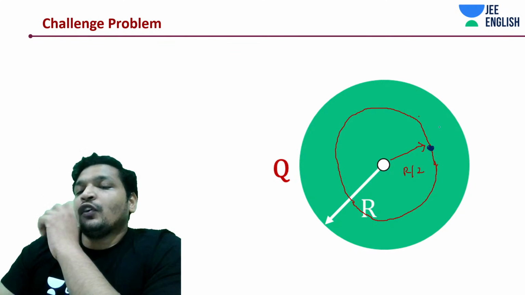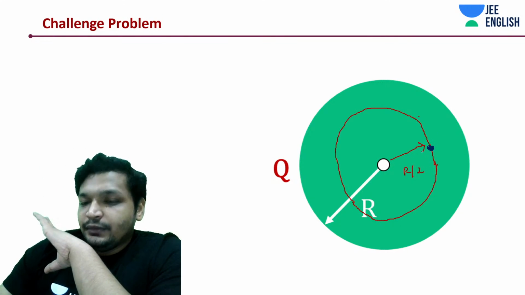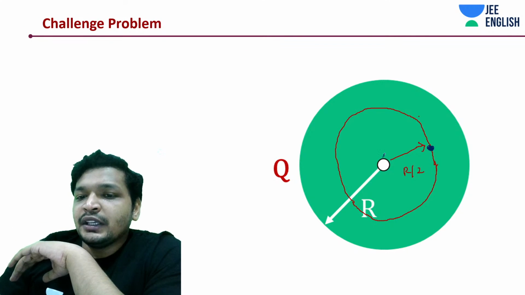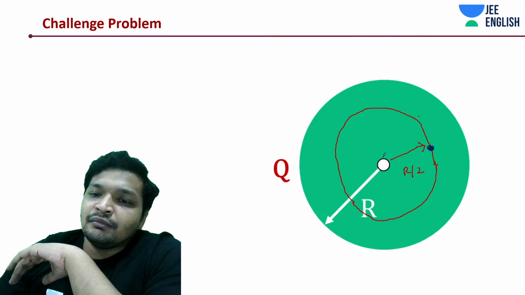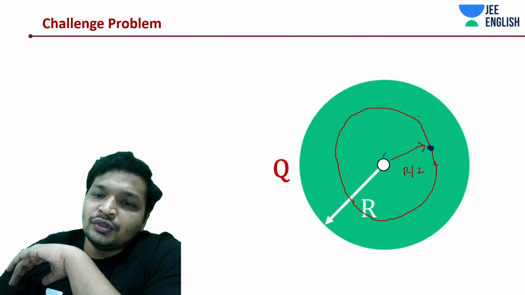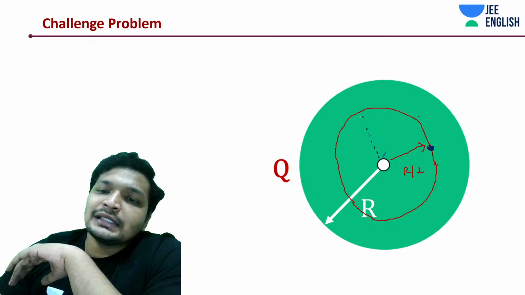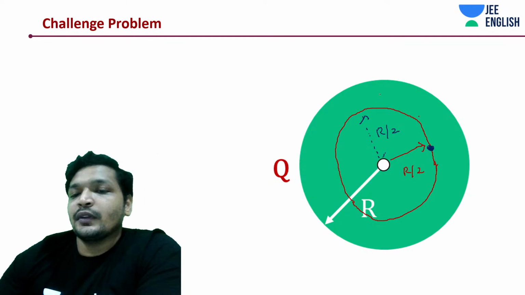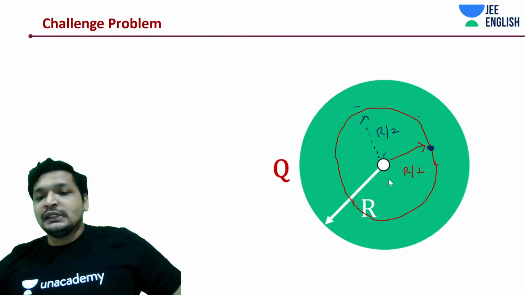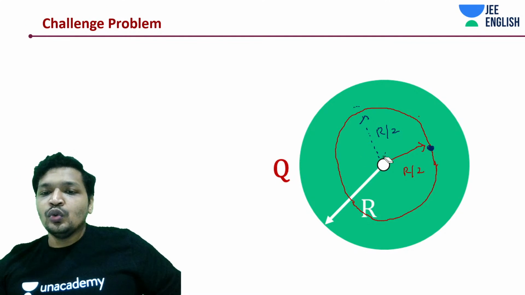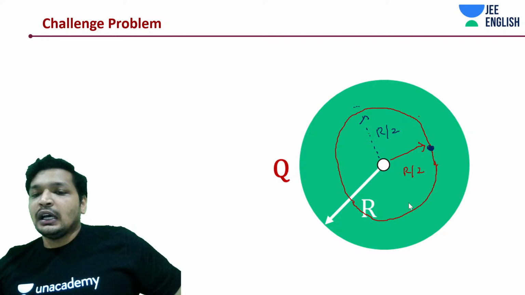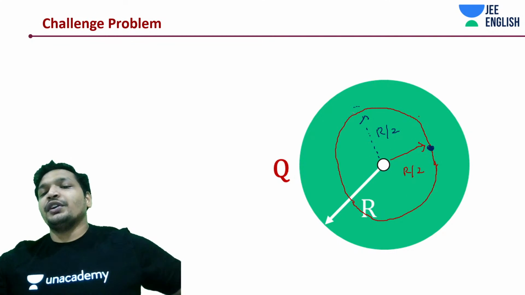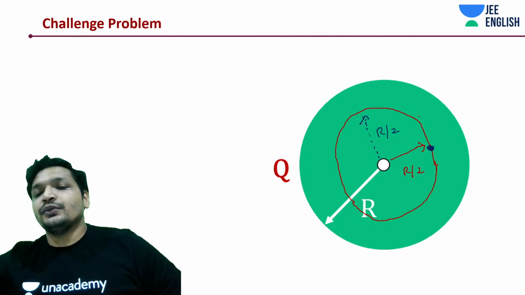Two kinds of things are influencing it. One would be from the center to the surface, or to the point r by 2 from the center, there is a solid sphere of radius r by 2.